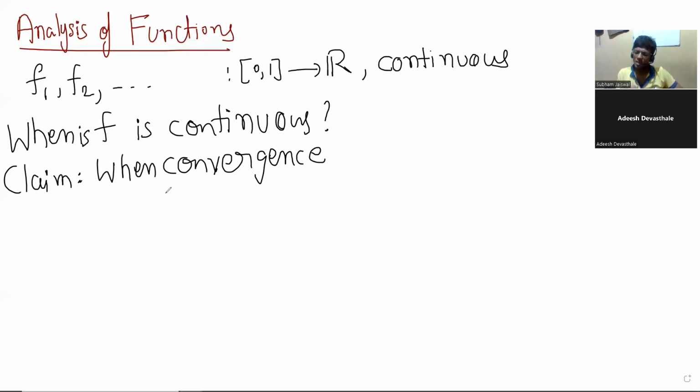You mean convergence or continuity? Sorry, not delta, n, the value of n. The value of n will depend on x and epsilon, but in uniform convergence, it will only depend on epsilon. It will be the same for all of the x's.